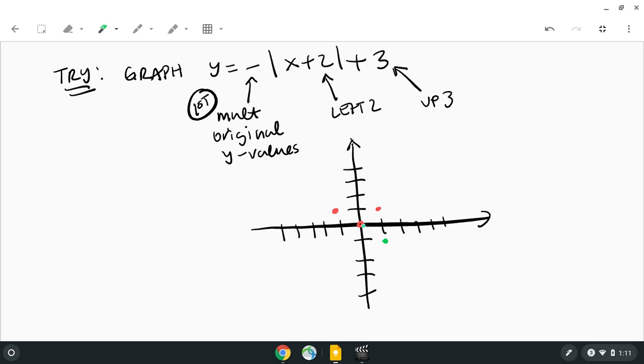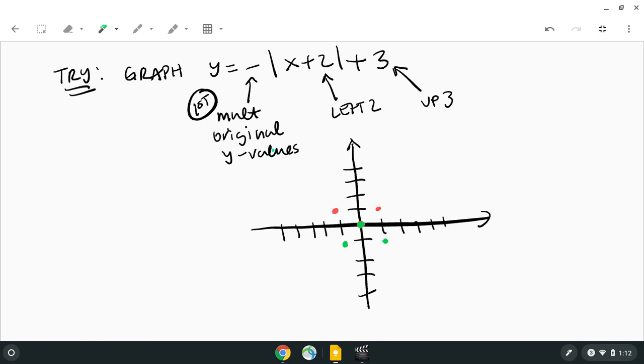This has a y value of 0. 0 times -1 is 0, so it stays. This has a y value of 1. 1 times -1 is -1. So here's -1.